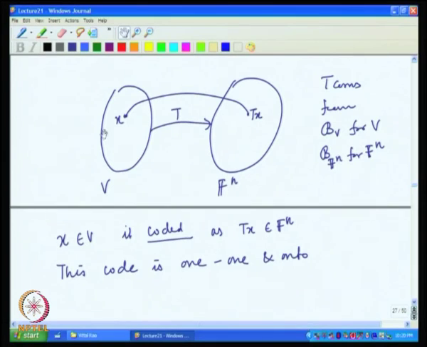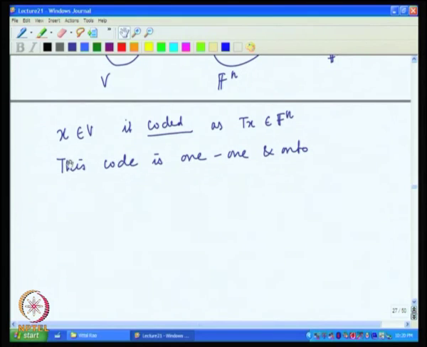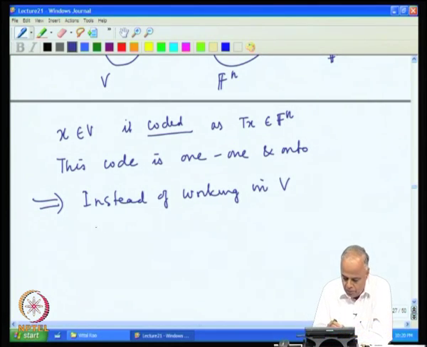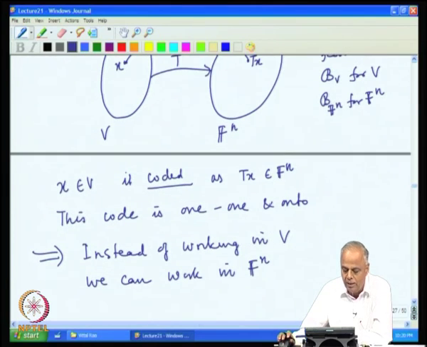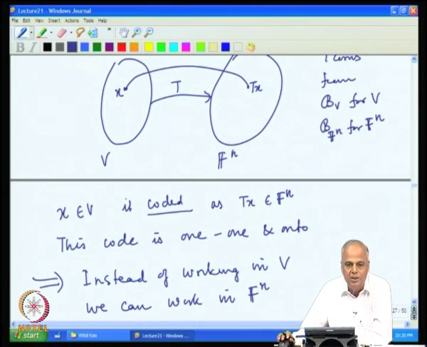This means instead of working in V, we could as well work in F^n.